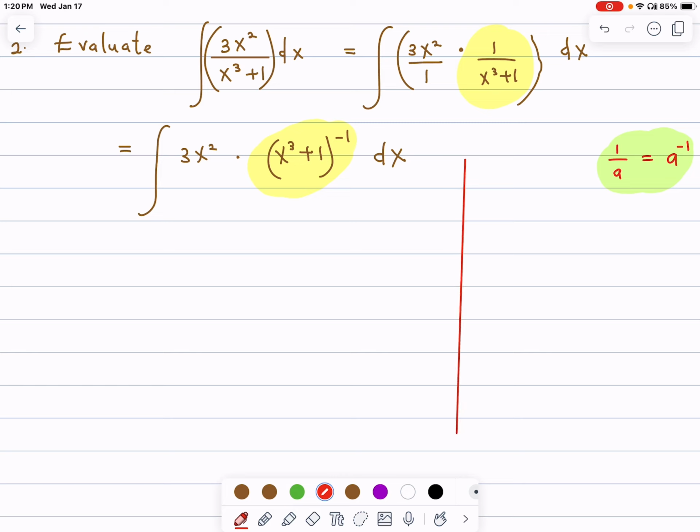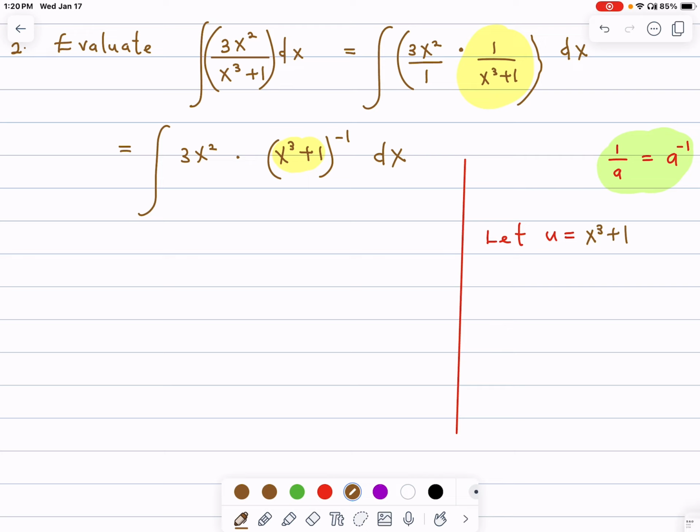I'm going to say let u be equal to what is inside the parentheses, which is x cubed plus 1.